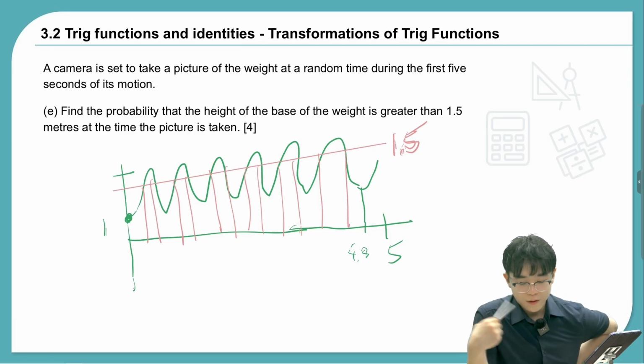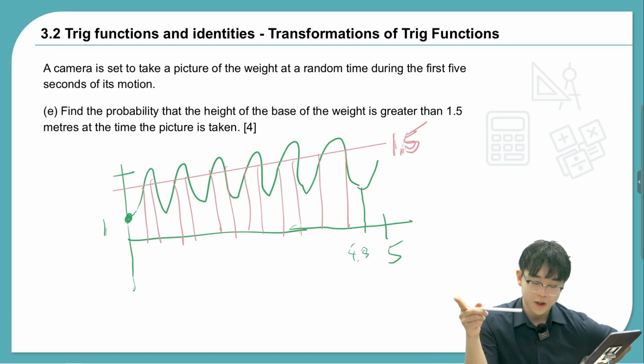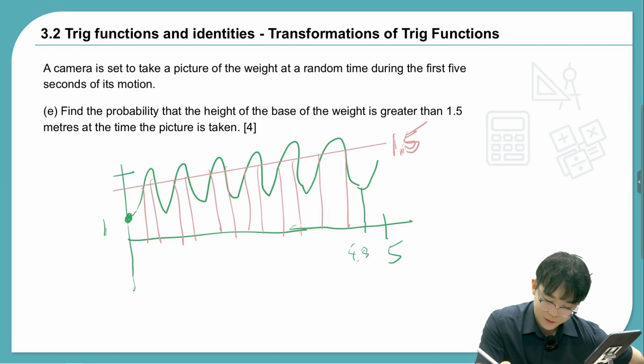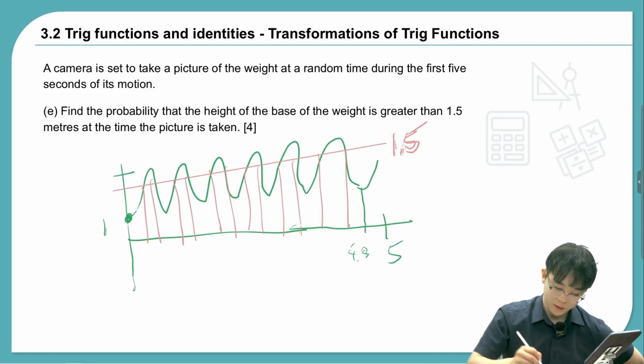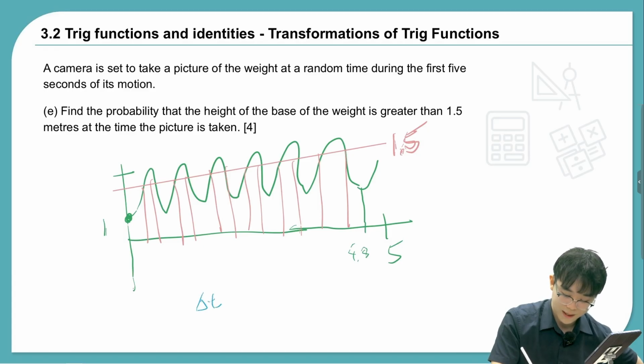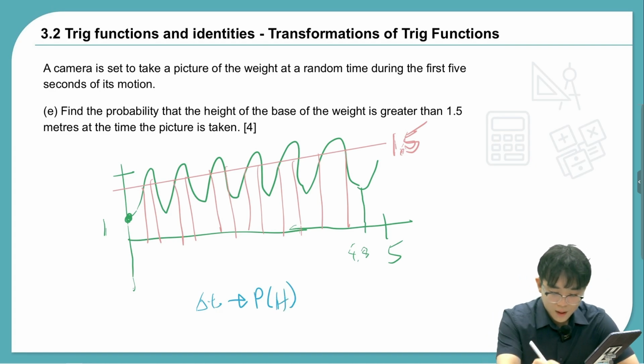If there's an equal likelihood of pressing the shutter on the camera, then the probability would correspond to the total amount of time. The time would be equal to the probability of the height being a certain value.